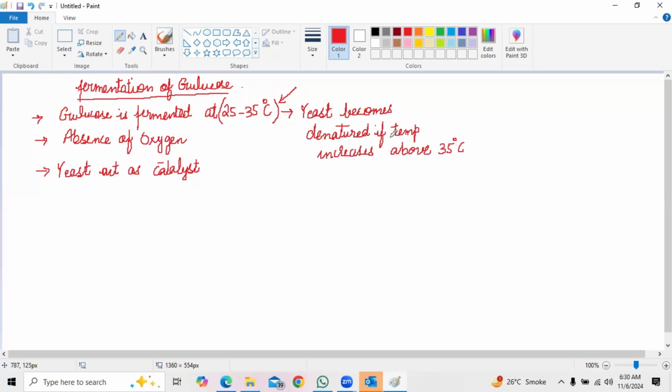Okay, so yeast becomes denatured if temperature increases above 35 degrees Celsius. So we have to keep the temperature under this range.